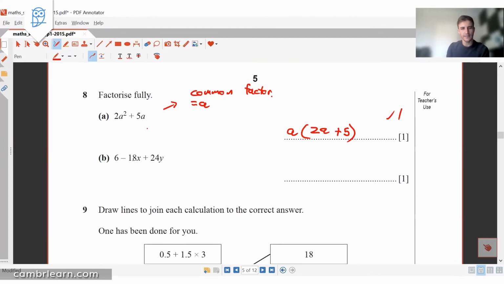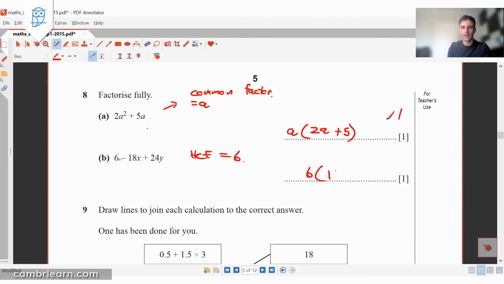Okay, next one, 6 minus 18x plus 24y. What is my only common factor between these 3 terms? I can only see one. I'm going to say my highest common factor is just equal to 6, because all 3 of these terms have the factor of 6. So if I take out 6, what will be left in all 3 of these terms?